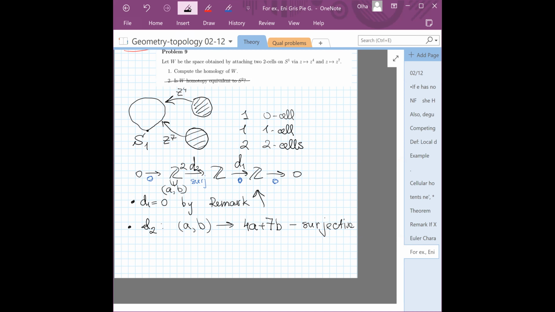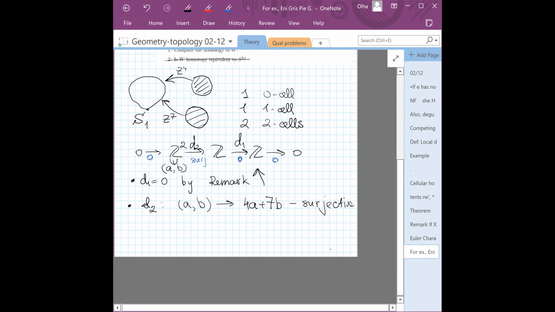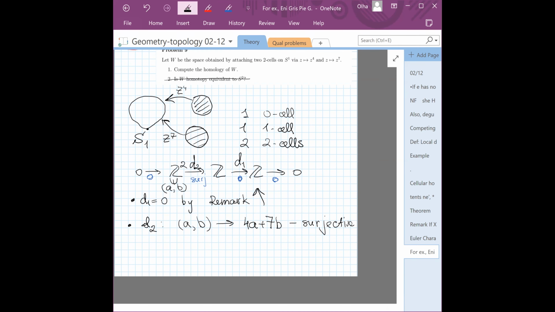And then we can just go ahead and compute the homology groups.